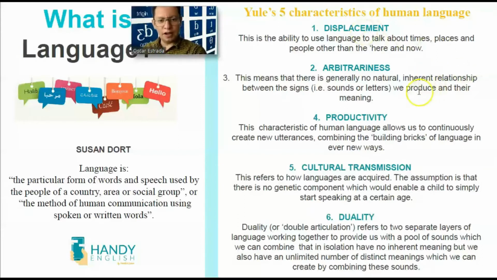Then we have arbitrariness. This means that, as it says here, there is generally no natural inherent relationship between the signs we produce and their meaning. Basically, we're talking about writing. In some languages, we're going to use some letters or some cryptographics, like Japanese, for example, or Chinese with their symbologies, and that will mean something for the people who speak that language.